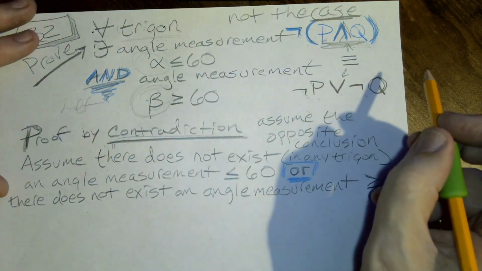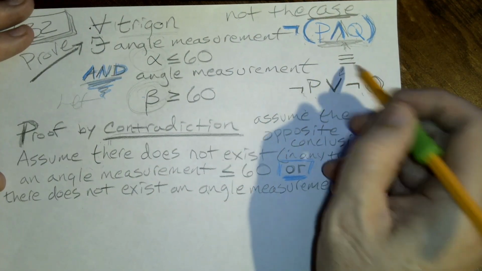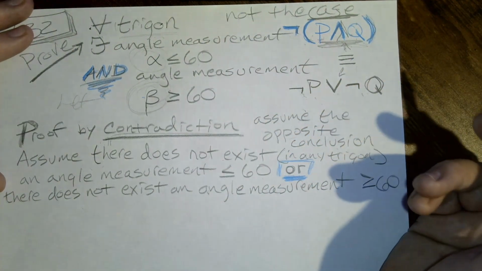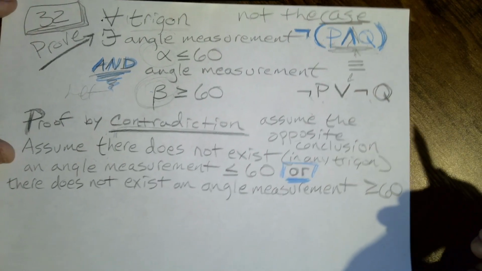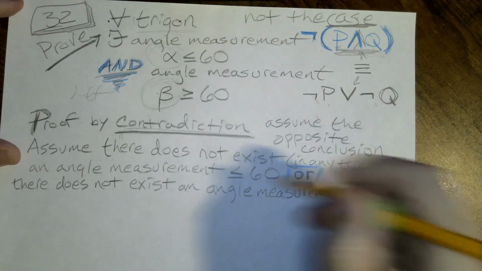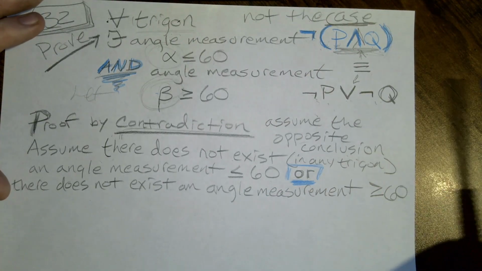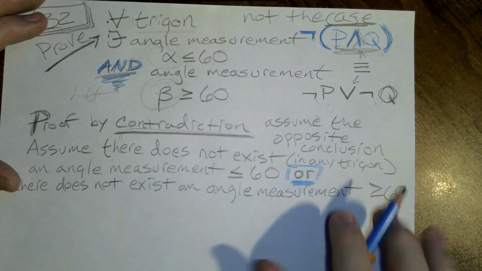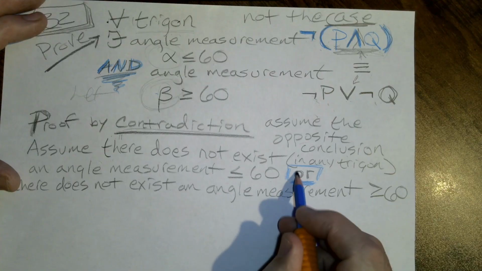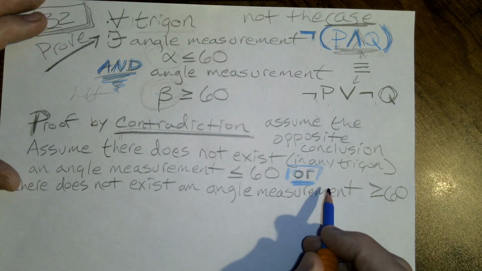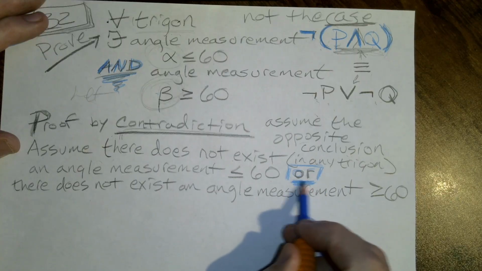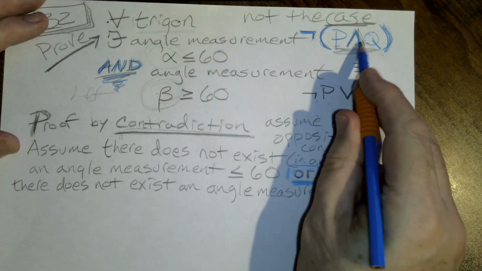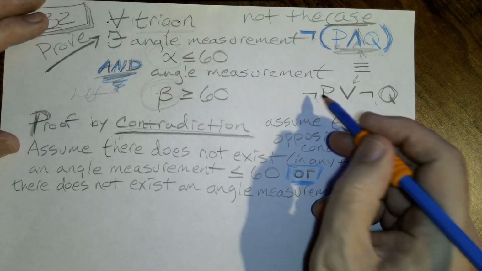You might need some practice in basic logic, reasoning, and how to make arguments to get here, but I hope you get that for at least this problem right now. So that's why we have this or. We're going to assume the opposite, and using the opposite involves an or because conjunctions switch to disjunctions.